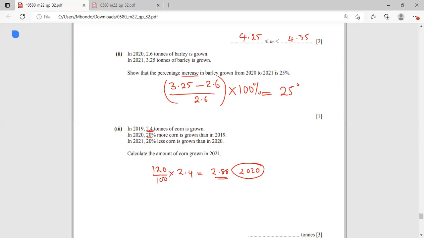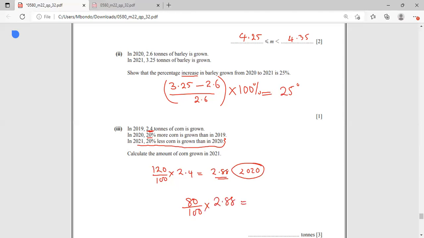Now, in 2021, there was a reduction of, again, 20%. So a reduction of 20% means from 100, we are coming to 80 over 100, multiplied by the tonnage that we had in 2020, which is 2.88.